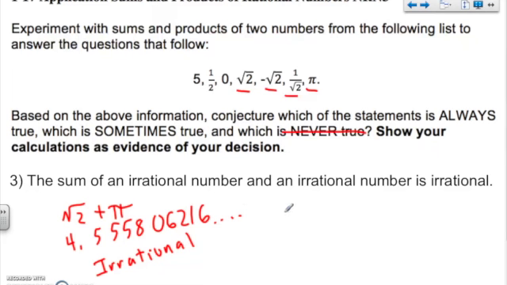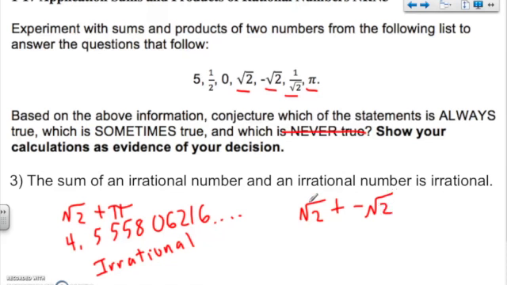Now I want to think back to my properties of addition. Now I had something called the additive inverse. And what that told me is if I added a number and the opposite number, it gave me 0. And 0 is a rational number. So let's try that with some of these numbers that we're given. I'm given the square root of 2, and I'm given the negative square root of 2.